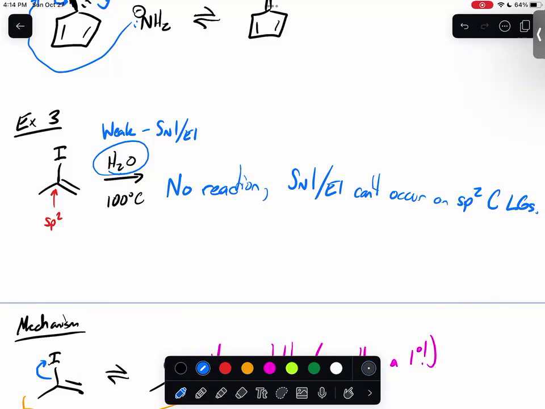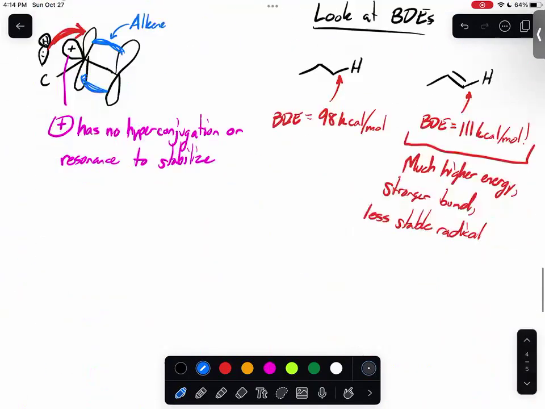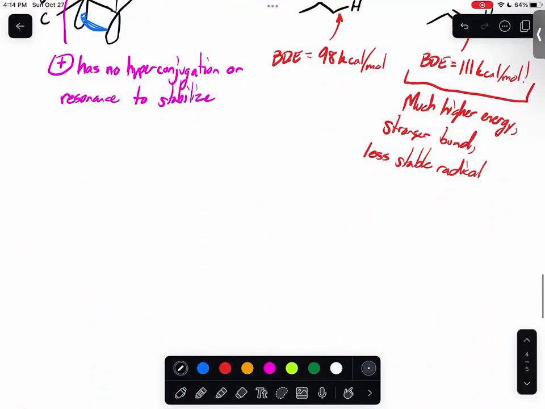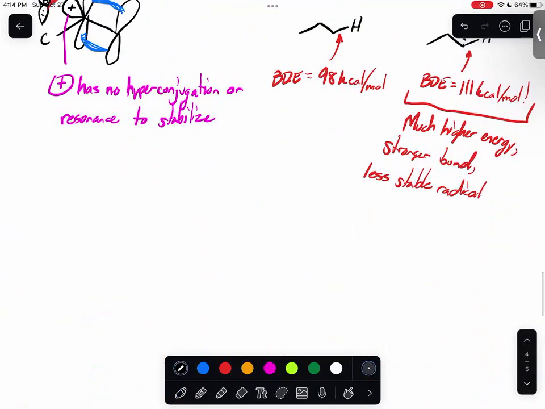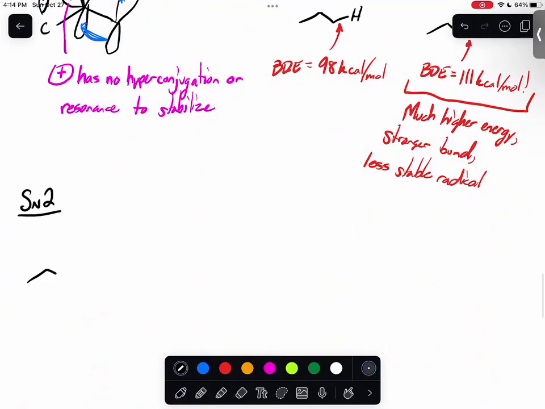What about if we changed this up a little bit and we tried to use those conditions from one of the first examples to do something like SN2, right? So if we wanted to do SN2, let's use the exact same conditions from the first example where we had sodium cyanide, THF. We know that this is going to be an SN2 reaction.